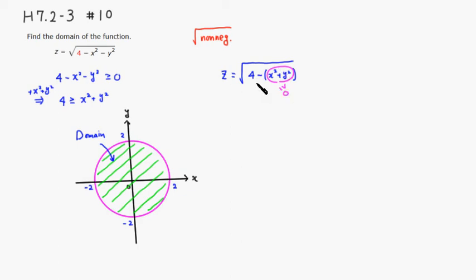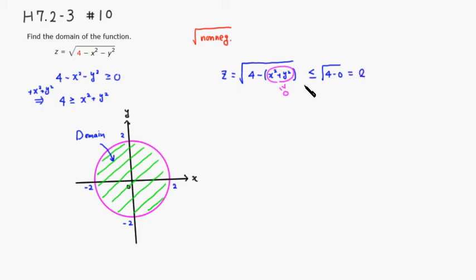You're subtracting that from 4 and taking the square root. So the biggest value this function can get is when we subtract 0. So this function is always less than or equal to the square root of 4 minus 0, which is 2.